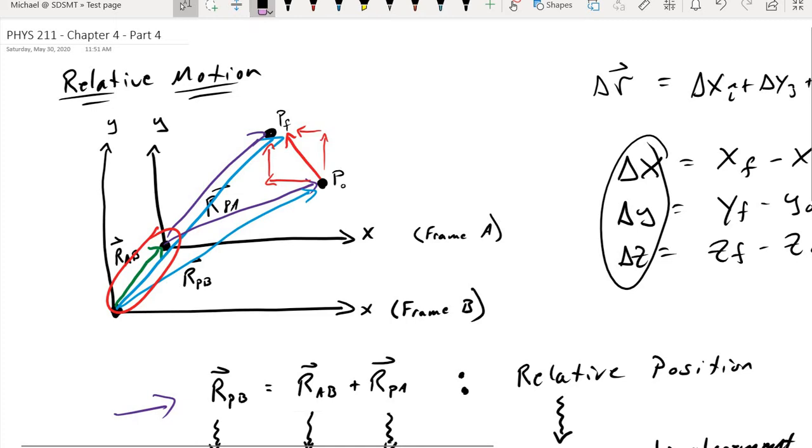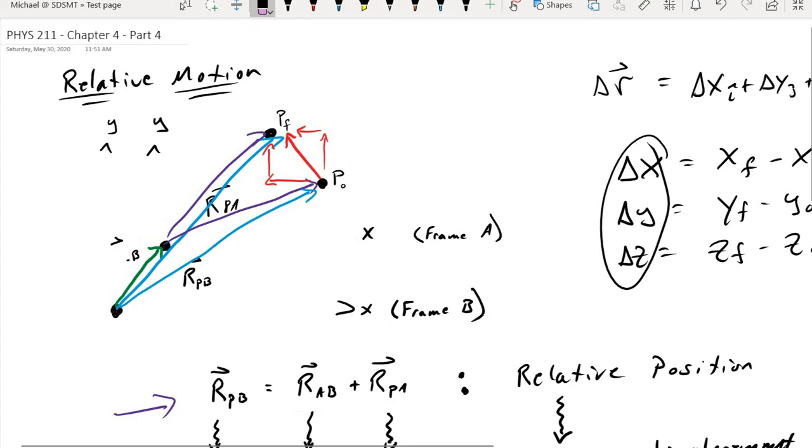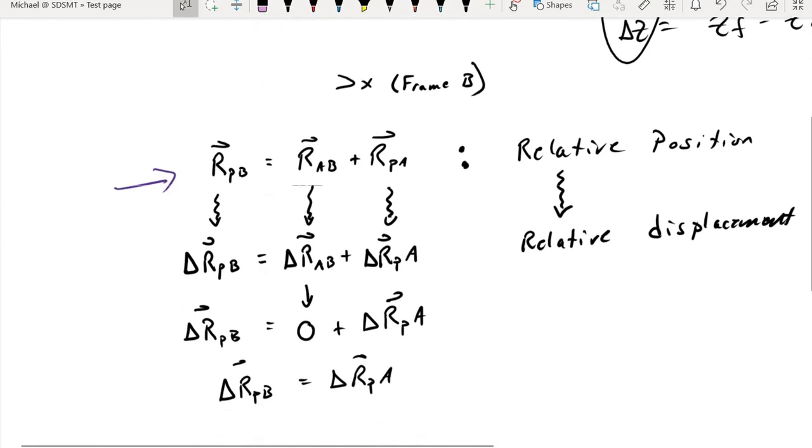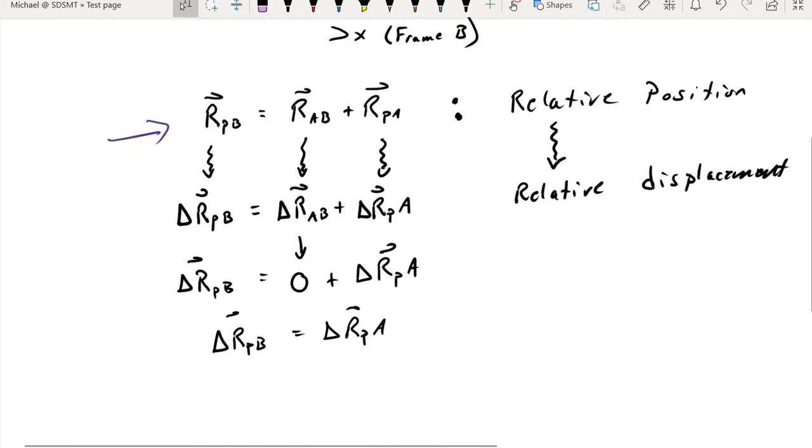If we completely eliminate those frames of reference from the diagram and we just look at this particle as it moves from one point in space to another, well, does that displacement change just because we chose to measure it from one reference frame or another? And physically, the answer is no. There is no change. The only thing that might cause a change is if one of those reference frames was in fact moving.